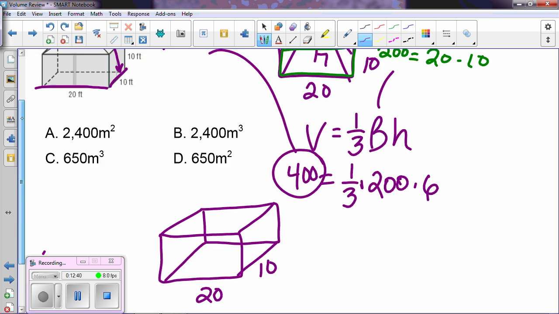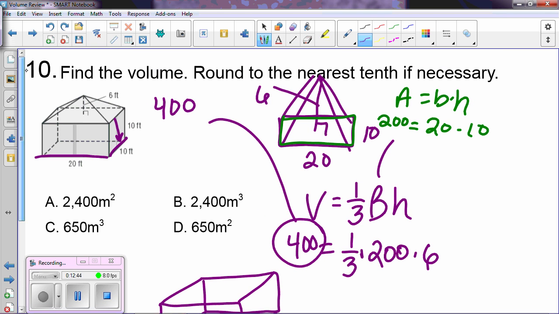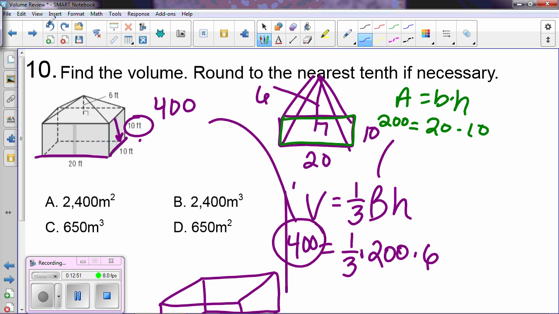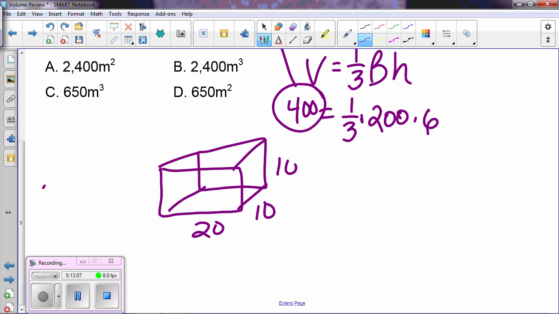This is 10. And then now let's figure out that height. That height is 10. I'll put that down here. Sorry, my board is a mess. 20, 10, and 10. Alright, rectangular prism.